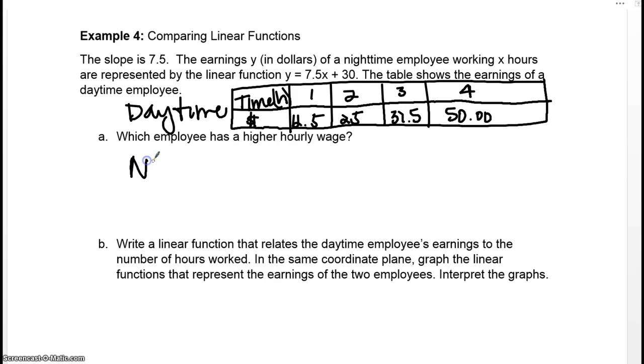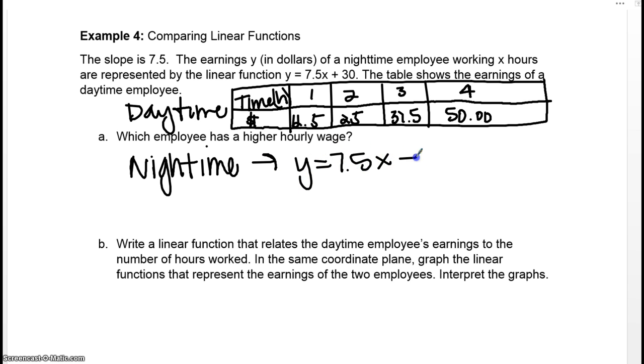The nighttime employee works x hours, and it's represented by y equals 7.5x plus 30. Okay, so 7.5, they tell me in the problem, is the slope. So this slope is her hourly wage.